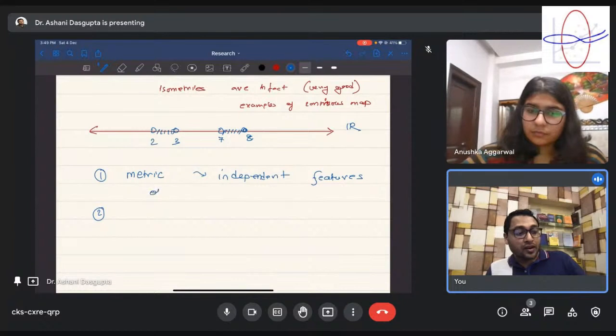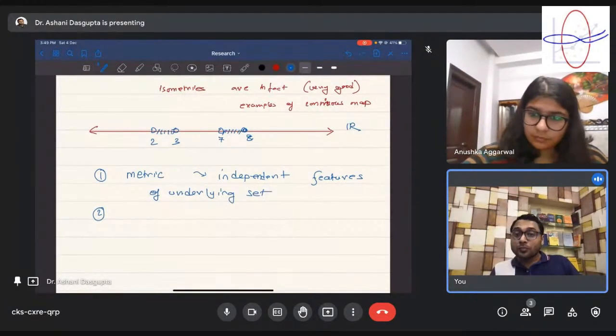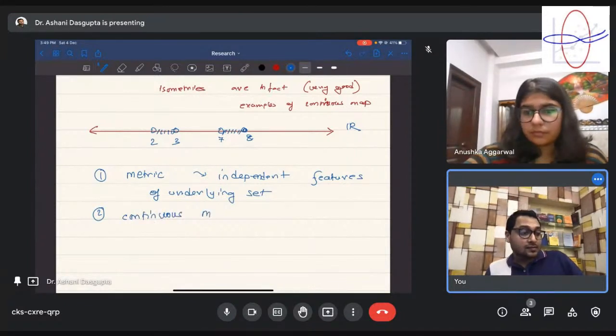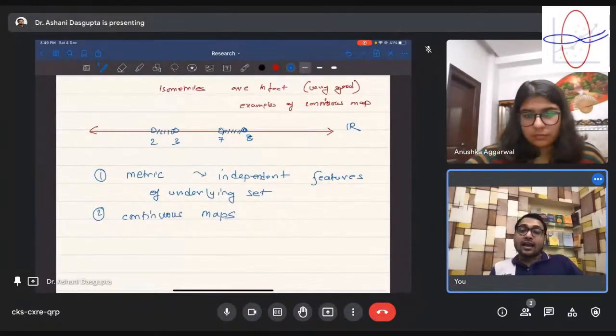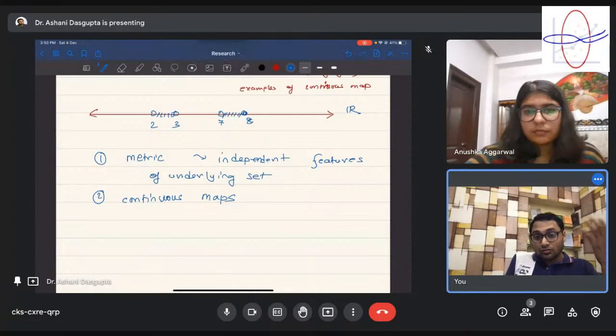Hence, you go for the topology. And the second thing I told you is to study the properties of continuous maps, which are then indirectly applicable to isometries as well, which are objects of geometry.